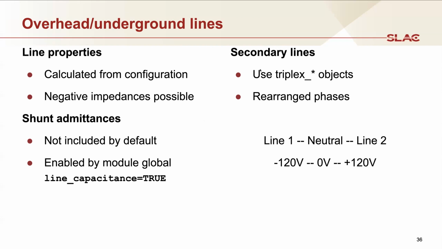Another thing to keep in mind is that secondary lines, the triplex lines themselves, use a different object because their phases are rearranged. The lines are actually arranged as line 1 neutral, line 2 with voltages of negative 120 volts, 0, positive 120 volts. So the angles are 180 degrees out of phase with each other with respect to the phase that they're connected to.